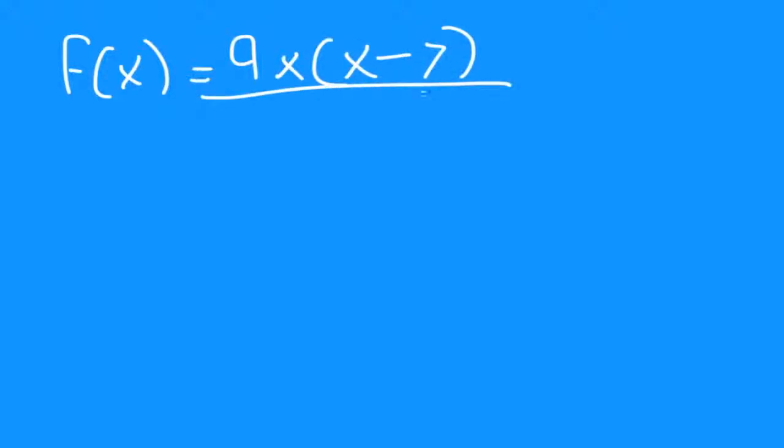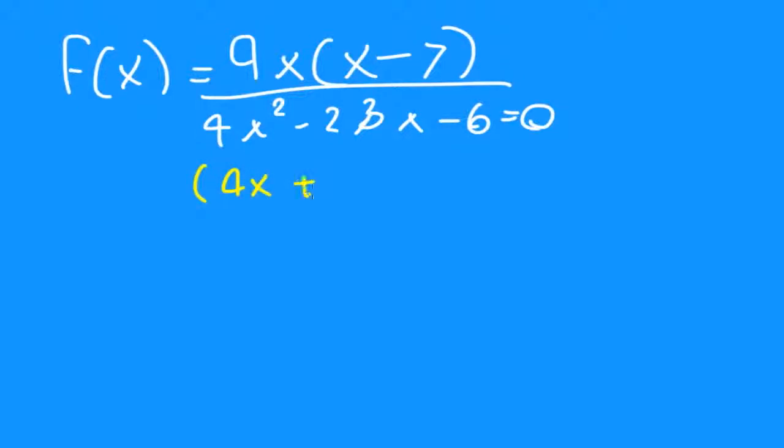So f of x equals 9x times x minus 7 over 4x squared minus 23x minus 6, which equals 0. And you're going to have to factorize this thing right here. When you do it, you'll get 4x plus 1 times x minus 6 equals 0.